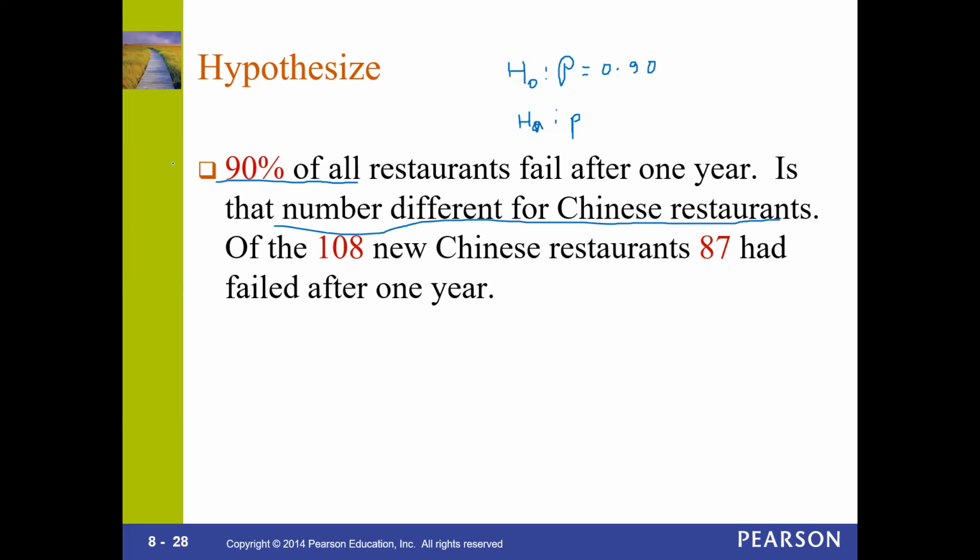What symbol do you think I should put here? Should I put less than, greater than, or not equal to? Which symbol would be fine here? Which symbol will fit different? Different can be in any direction, it can be either greater or less than. We don't know for different. So which symbol will fit that? Is it greater than, less than, or not equal?